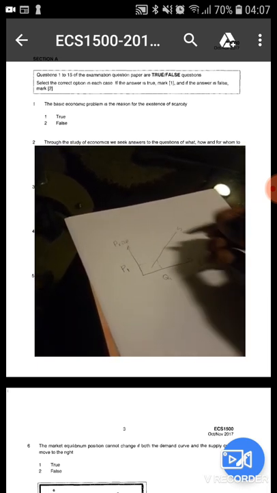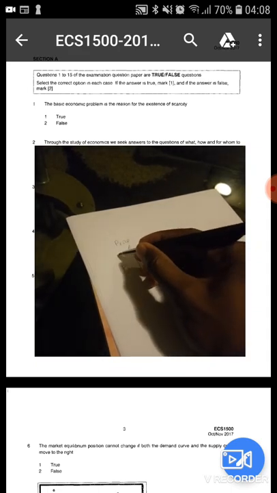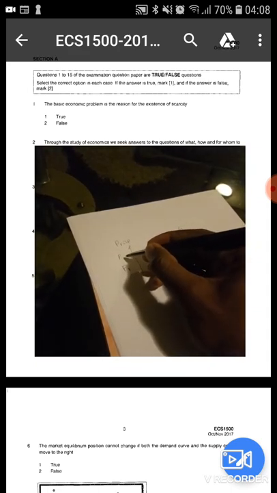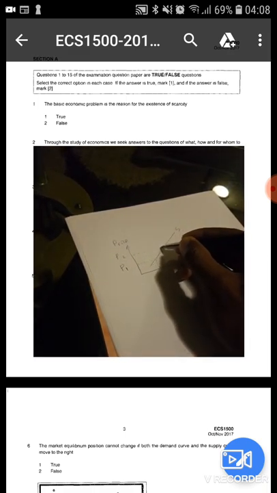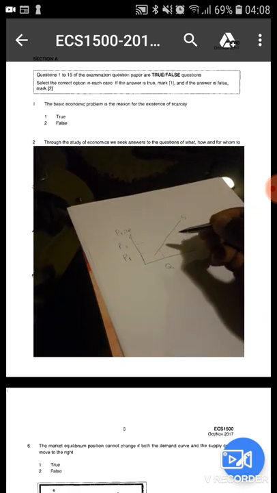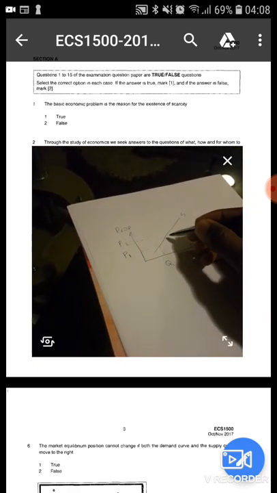But if they see that the market price has risen to P2, because they are anticipating an increase in the revenue, the suppliers will increase the supply to Q2.